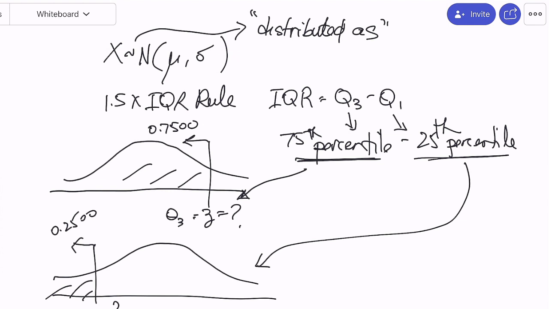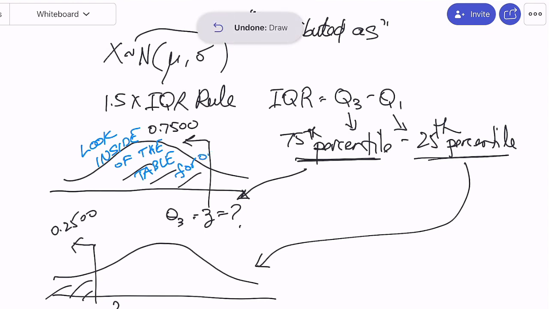Okay, Hector, does everybody get that? That Q3 would be 0.675. So this is a backward problem. You look inside of the table and try and find 7500.